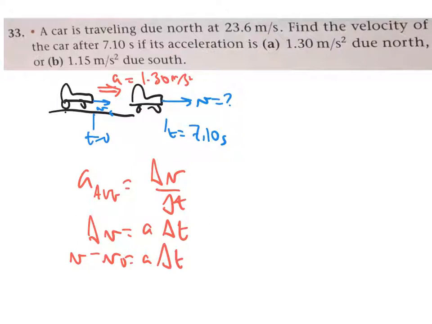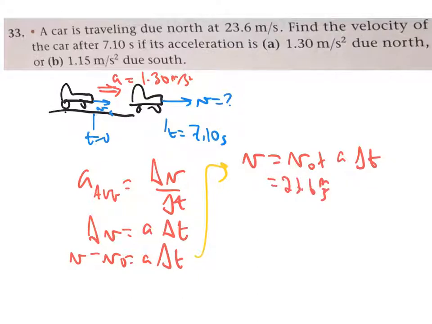And so that leads us to saying that v at some time is v0 plus a delta t. So it's 23.6 meters per second plus 1.30 meters per second squared times 7.10 seconds.